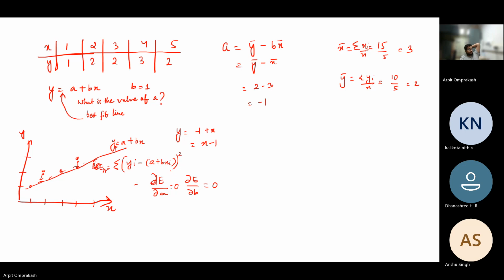So if we mean this properly, that line is basically rising.